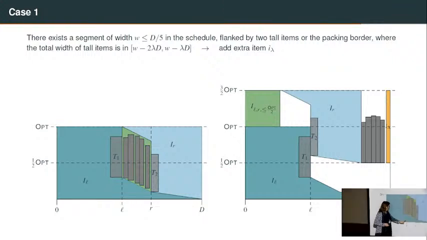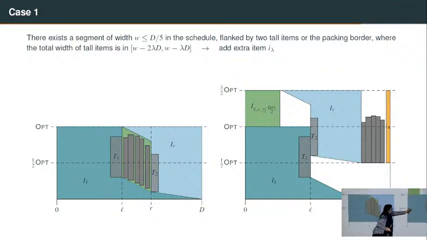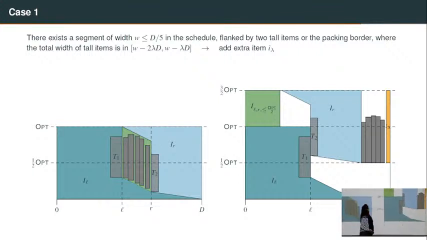Here we have a segment, and we have many tall items in between, but there is a free area or a free width of tall item which has a width between lambda d and 2 lambda d. In this case, the rearrangement looks like this, and we can squeeze in this extra item.